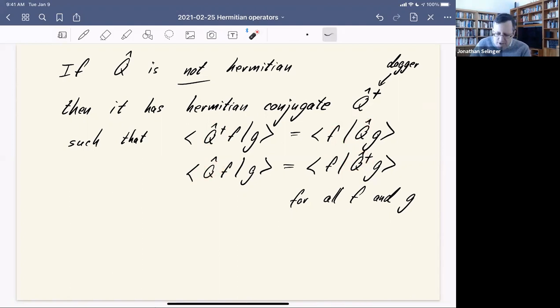Okay, so this works for all operators. If you try to move it from one side of the inner product to the other, you get something, but it's not necessarily the same operator. It's this partner, the Hermitian conjugate. So that means that a Hermitian operator is its own conjugate.